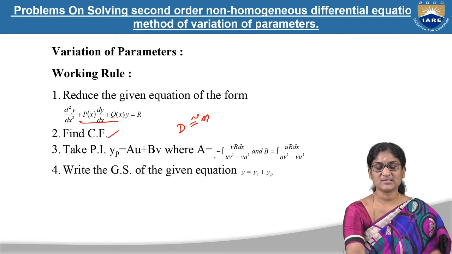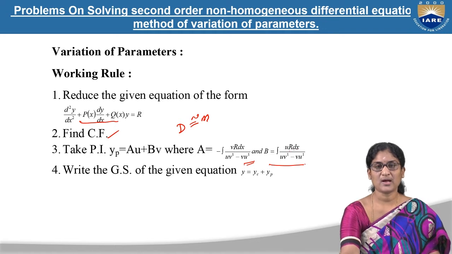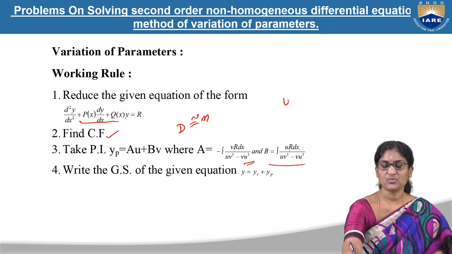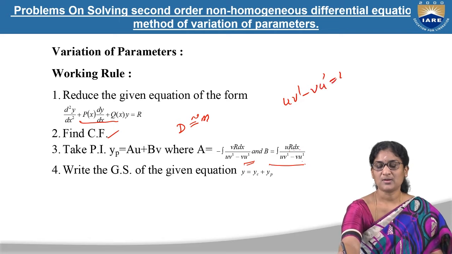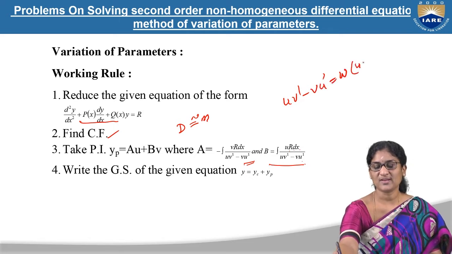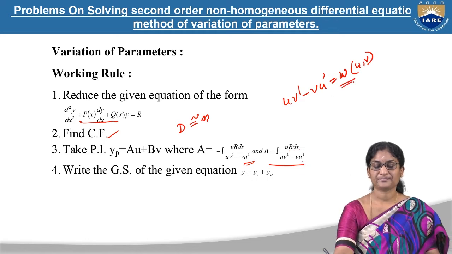where A takes a value of minus integral of v r dx by (u v dash minus v u dash). Similarly, B takes a value of integral of u r dx by (u v dash minus v u dash), where u v dash minus v u dash is called the Wronskian function of u and v.